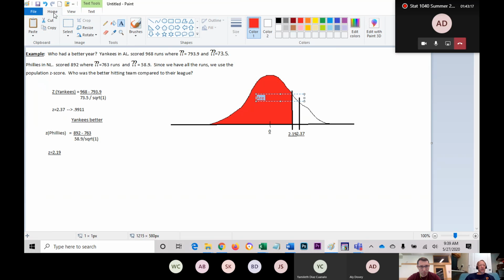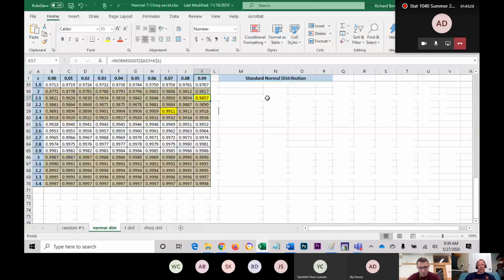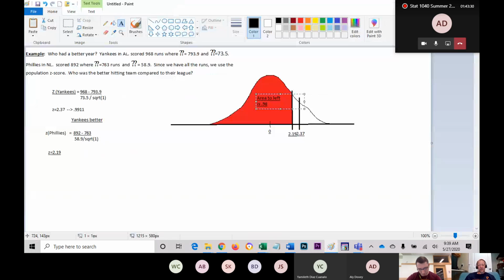Red on red doesn't work. The area to the left is what did they say? 0.9857. Okay. So the idea here is the Phillies did better than 98% of the teams in the National League. 98.5% of the teams.